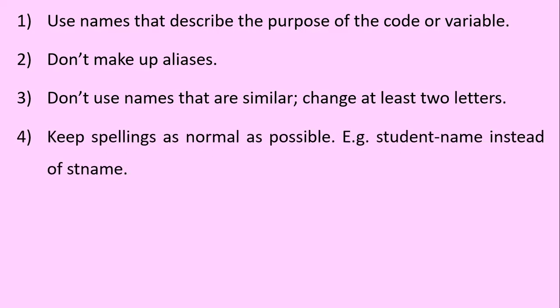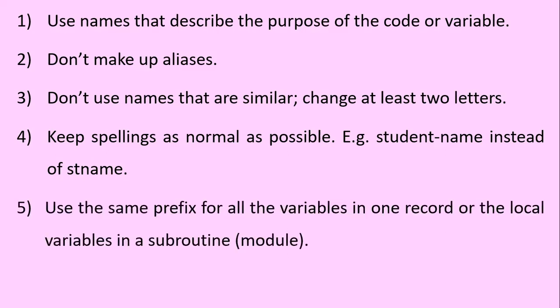Number four, always keep spellings as normal as possible. For example, student underscore name, that is student name, instead of ST name. Number five, use the same prefix for all the variables in one record or the local variables in a subroutine or a module.